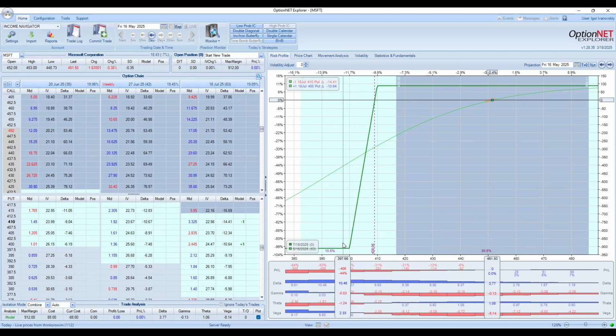Our long put is negative delta. Our short put is closer to the money, so it has a higher theta reading. That's why we end up with a net positive theta. So for as long as nothing is happening, we would assume that we're going to make money due to time passage. We are also short volatility.